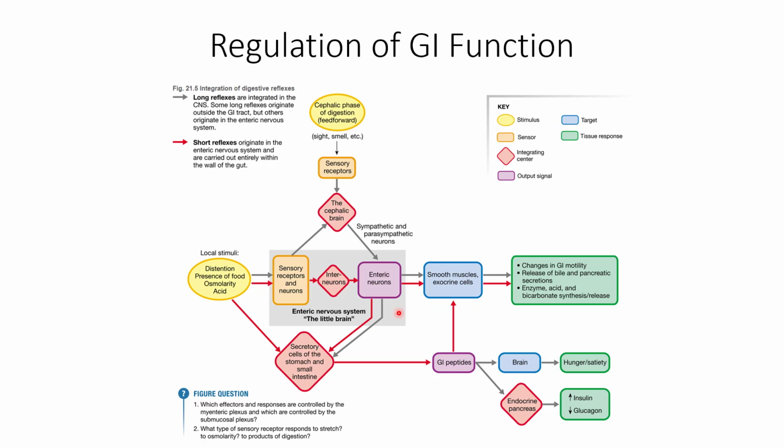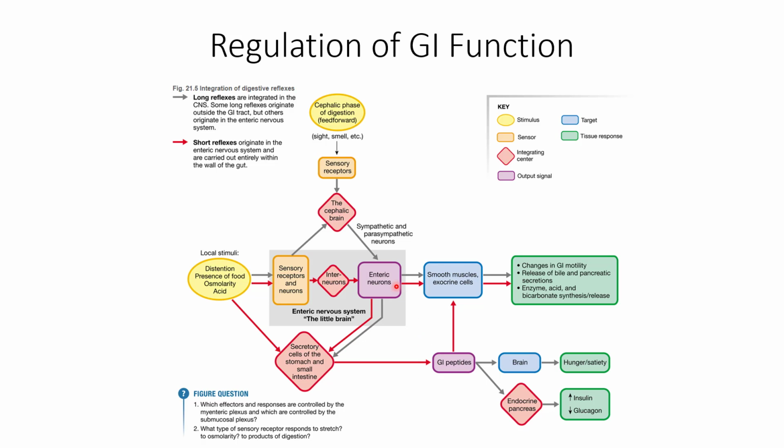Short reflexes actually originate inside what we call the enteric nervous system. Inside the digestive system, there's a whole network of neurons that operate outside of the central nervous system, sometimes without even any interaction with the central nervous system. They are their own integrating center. You can think about it like we have a little mini brain in our gut that directs a lot of the actions that go on in our digestive system.